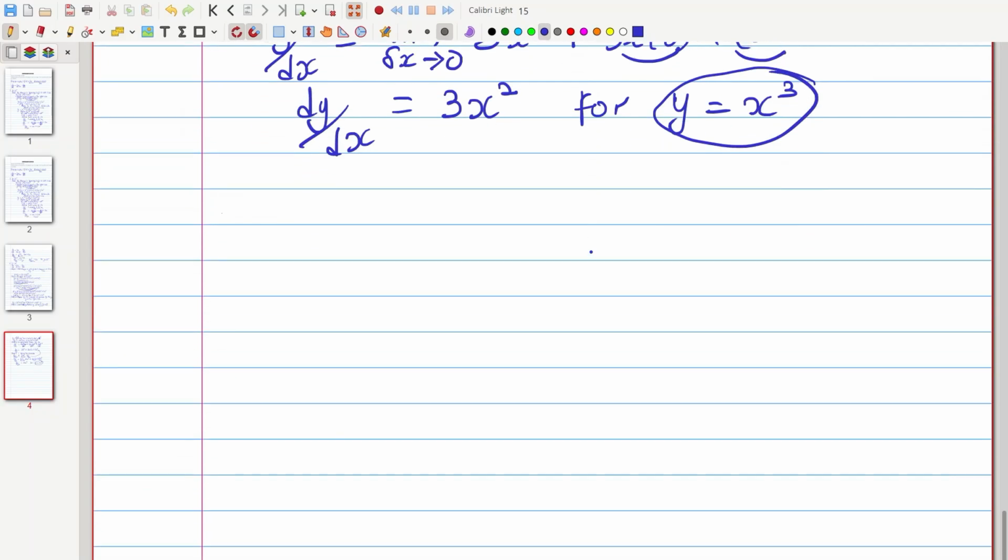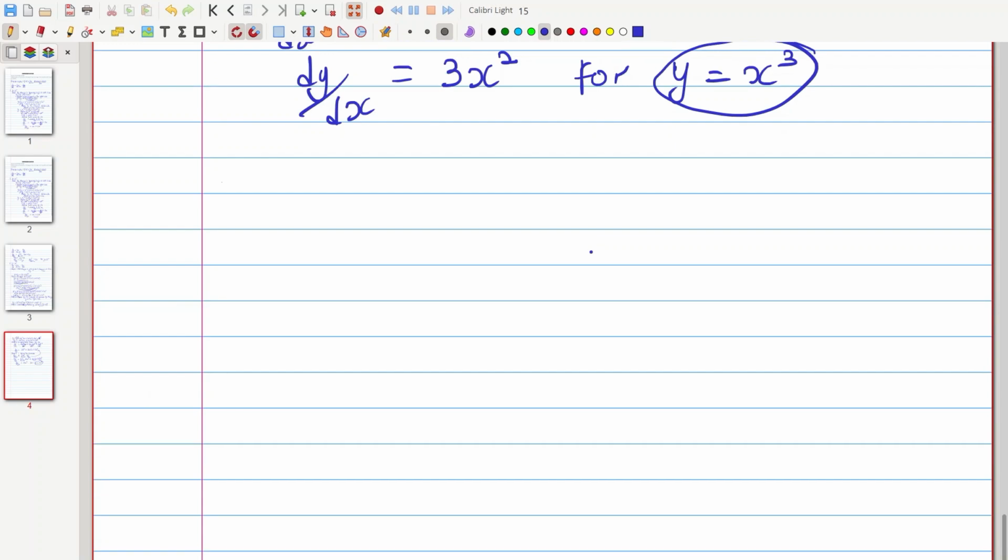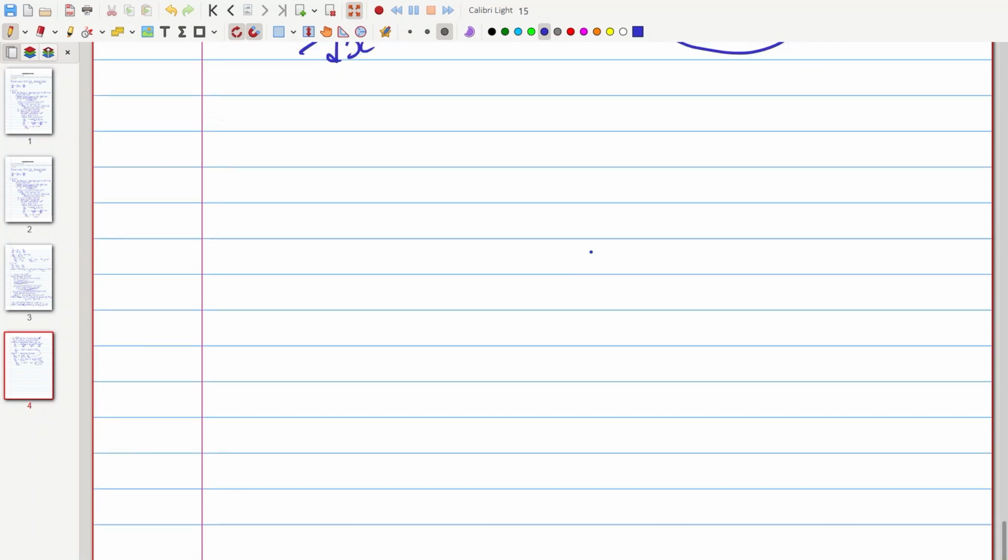So we'll be doing question number 3. Question number 3 would be y is equals to 5x squared. So basically, this is not different from what we have been doing so far.